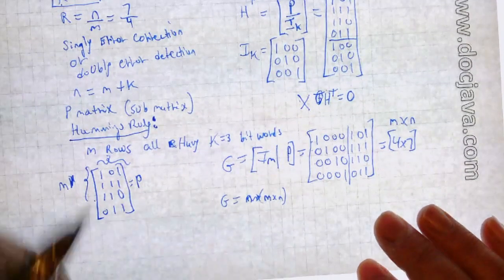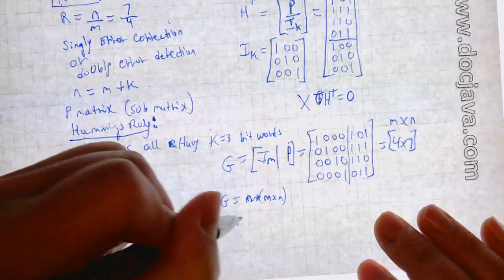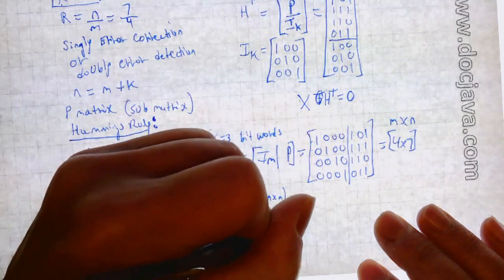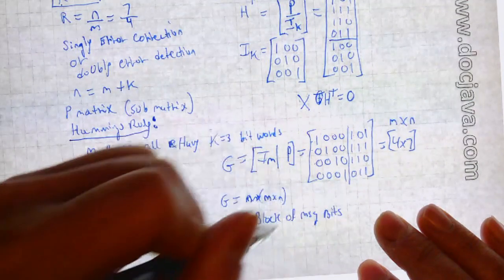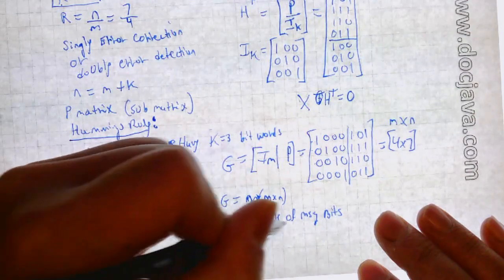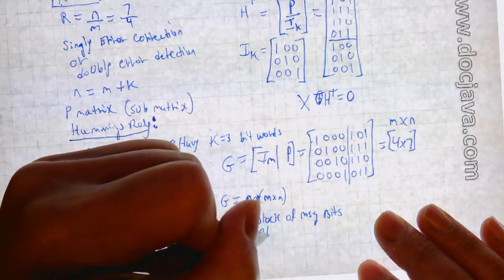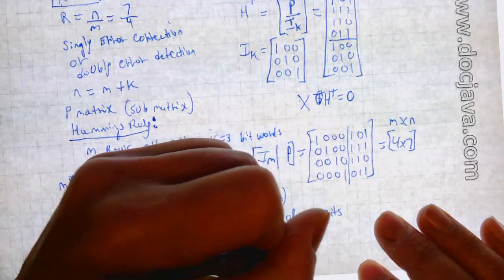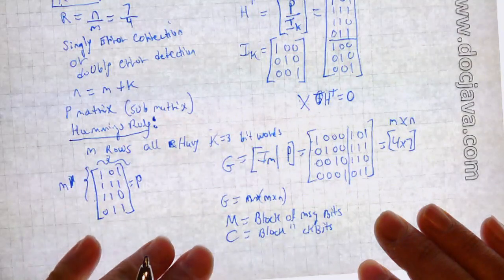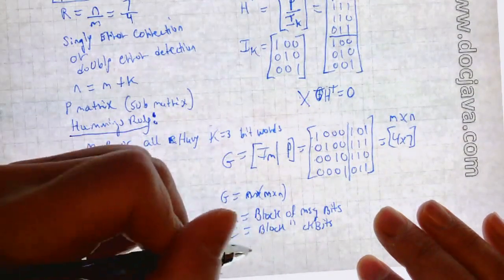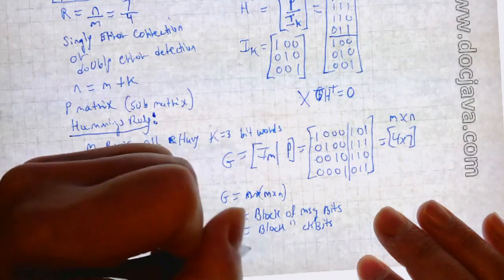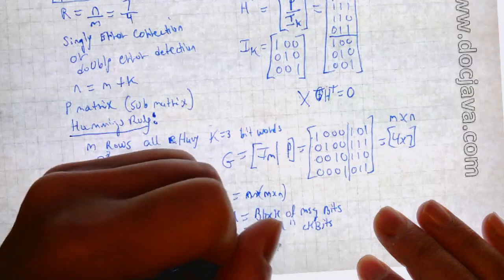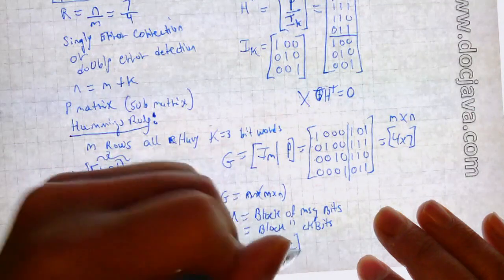So we've got the block of message bits, C, which is a block of check bits, and X, which is a code vector, which is going to be created such that we have message bits and check bits in a single vector.